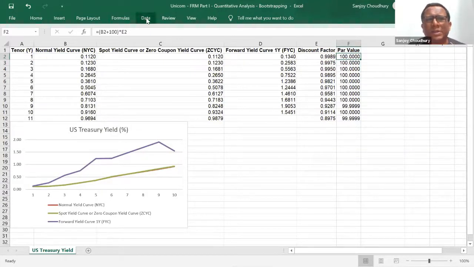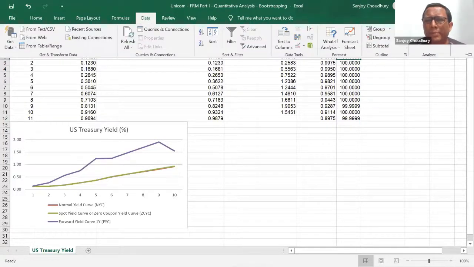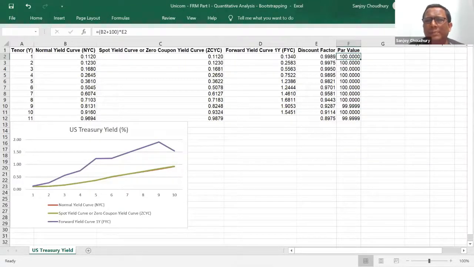There are various ways to compute this par value. In Microsoft Excel, we have something called Solver, and also Goal Seek in What-If Analysis. Both these tools are available in the Data tab. Solver is much more precise, whereas Goal Seek is slightly more approximate.